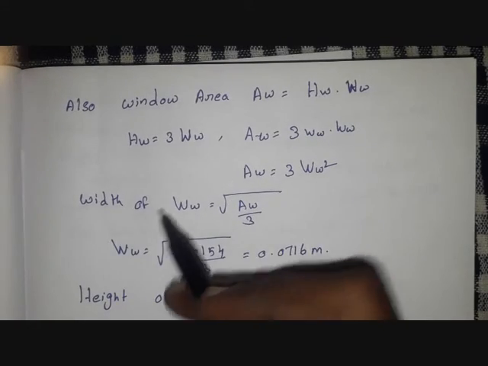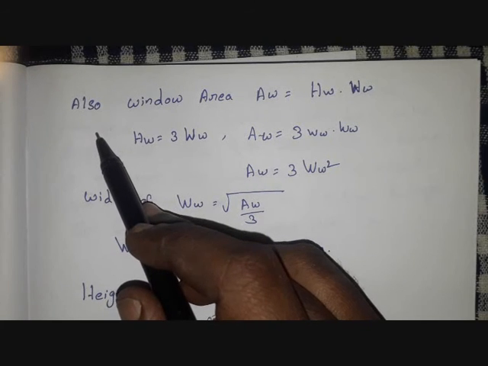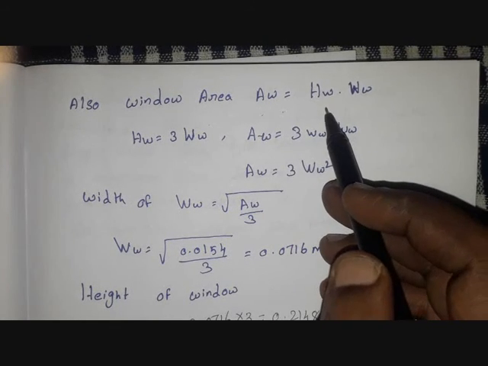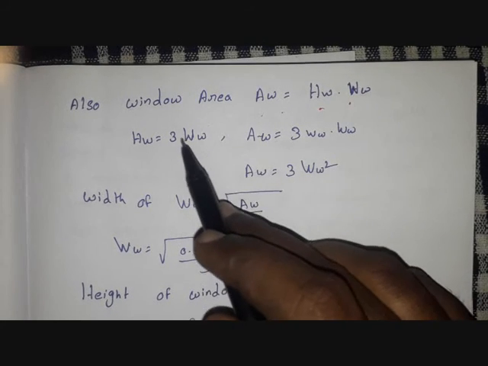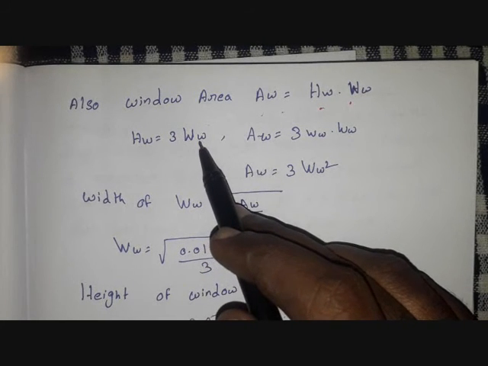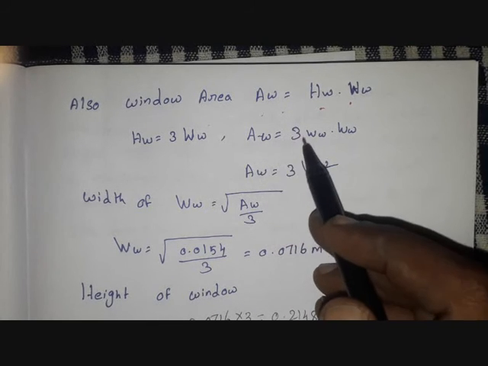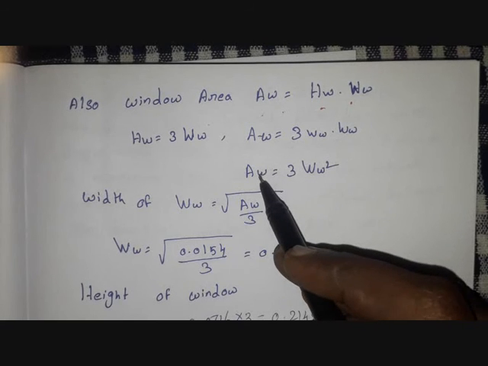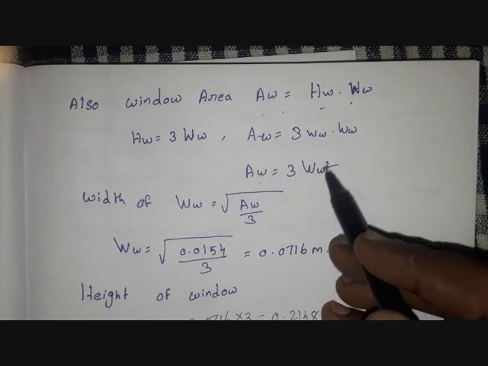So window area, that is we lastly identify AW, that is window area. So window area AW is equal to height of the window into width of the window. So height of the window is equal to 3 into width of the window. Let me substitute in this. AW is equal to 3 width of the window into width of the window. So we get AW is equal to 3 width of the window square.